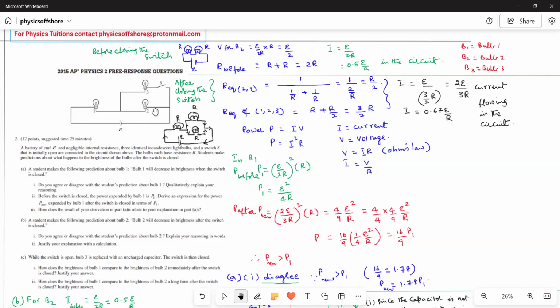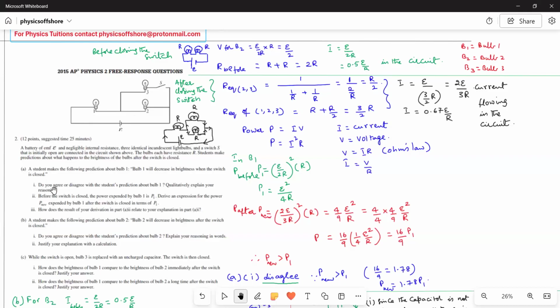So R by 2 will be the resistance of this one. And if we connect this in series with another one, then the total resistance of the circuit will be less than the series one. The entire effective resistance for the combination circuit will be less than the series circuit. That you should know. I will prove that. And when the resistance is less, the current will be more. When the current is more, the bulb will be brighter. That is the answer for the first bit.